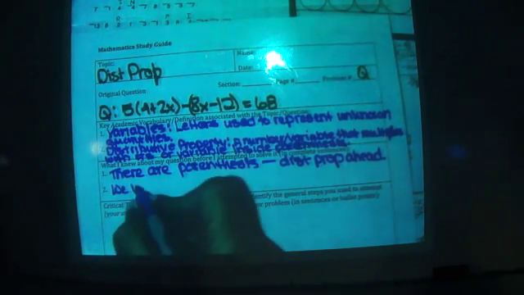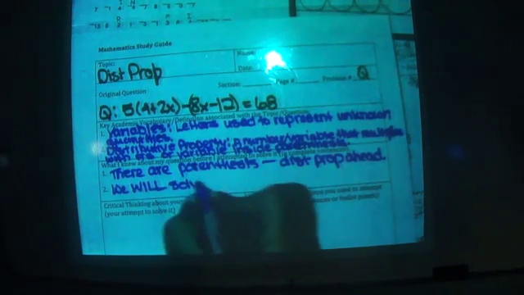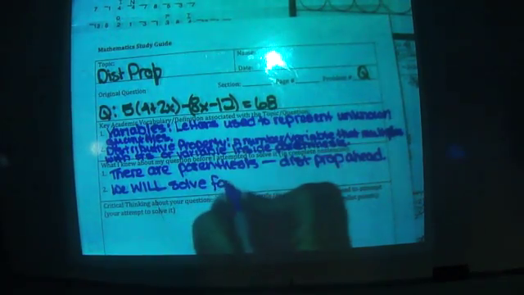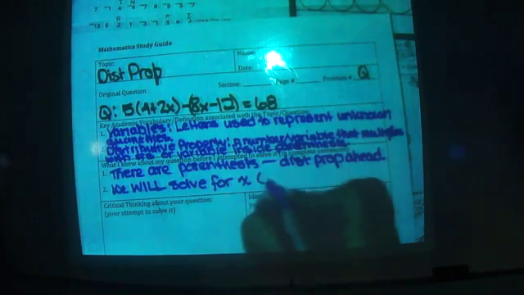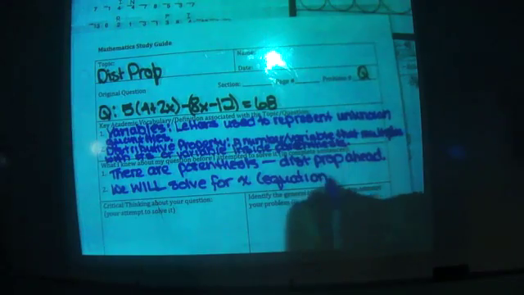We will solve for x. Okay, critical thinking.